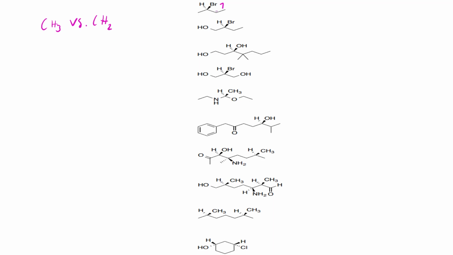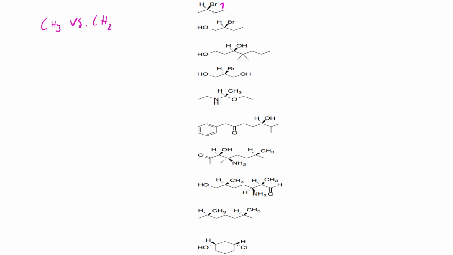Over here, that's a CH2. If you can't see that, it's a carbon connected to another carbon. Carbon wants 4 bonds, so we say that carbon has 2 H's attached to it. On the other side, this has 3 hydrogens attached to it, and I'd rather have a CH2 than a CH3.